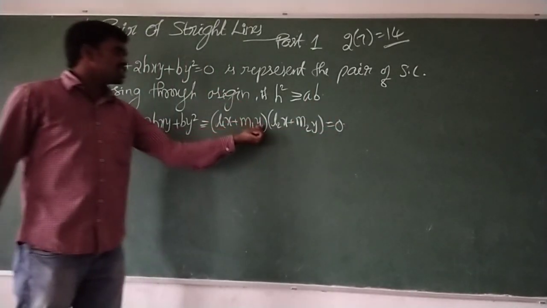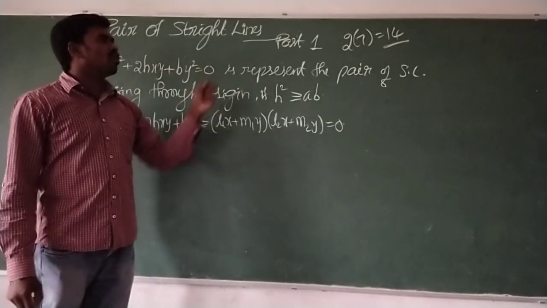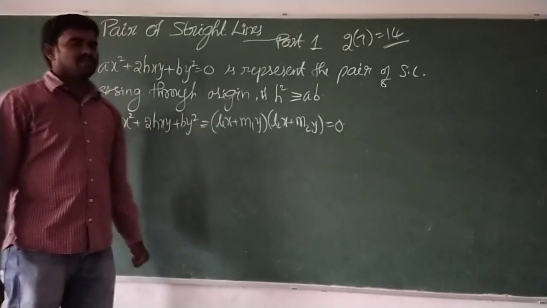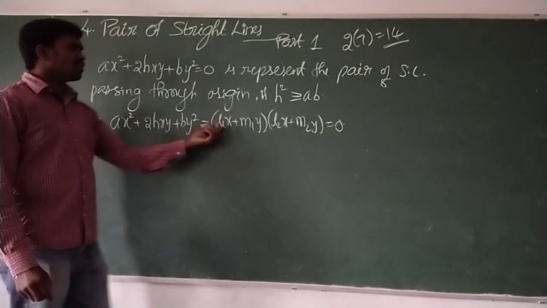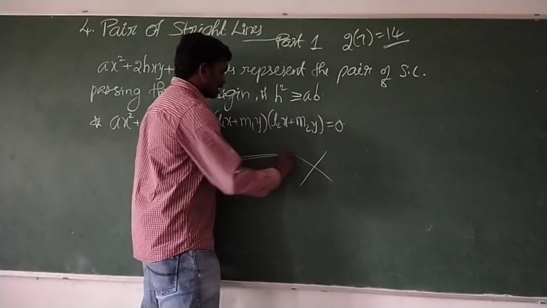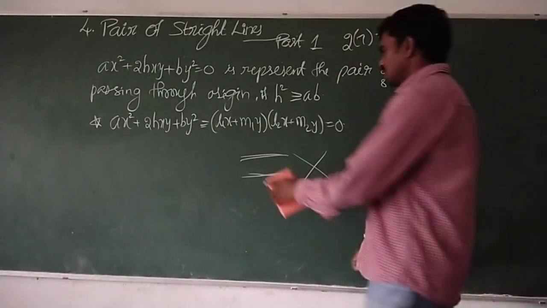So here constant is not written because the given pair of straight lines is passing through the origin. When it is passing through the origin, constant is not required. Then, okay, here we have two straight lines. Maybe those two intersect, those two are parallel, those two are coincident. Okay, we have three types of conditions.